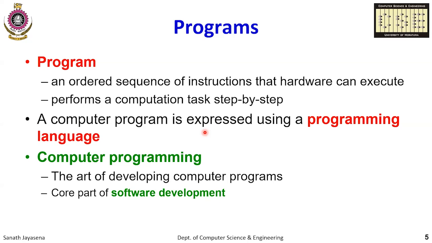Well, not exactly. Software development is a much broader term, which involves a lot of activities, and computer programming is just one part of it, right? For example, when you develop a particular software, programming is one thing. You need to test this program for correctness and whether it works correctly.